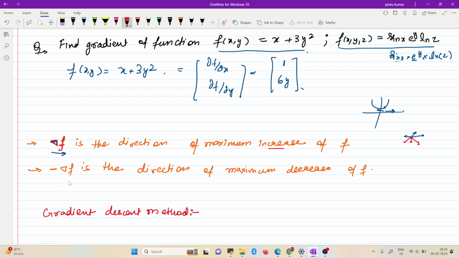Second thing is, in negative direction of gradient of f, in this direction your function will decrease maximum. We wanted our loss function to decrease. So if we have started from some random point, we will move in direction negative of gradient of f, and we will reach some other point.